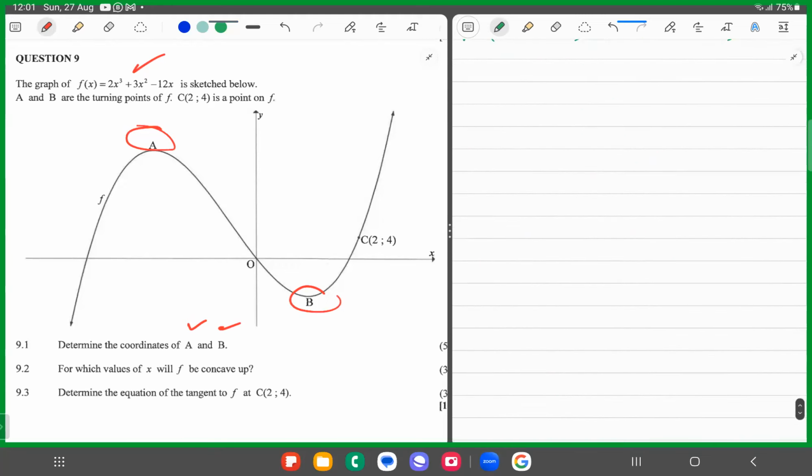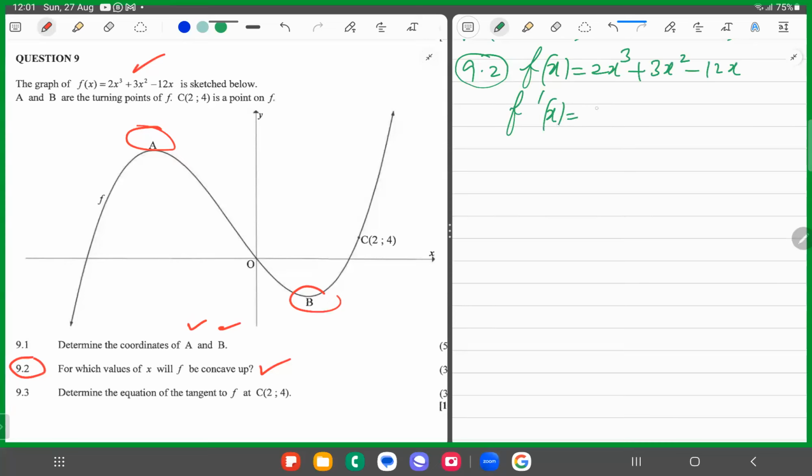Now the next one is 9.2. For which values of x will this f be concave up? First, we write f, 2x cubed. Find the first derivative: 6x squared plus 6x minus 12.